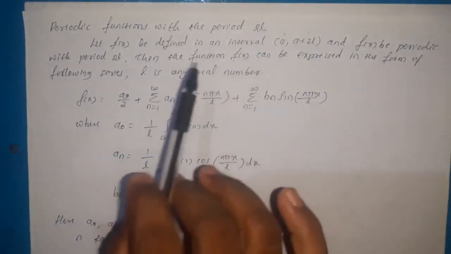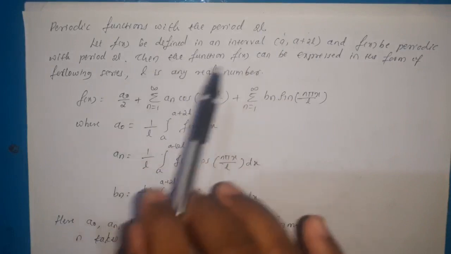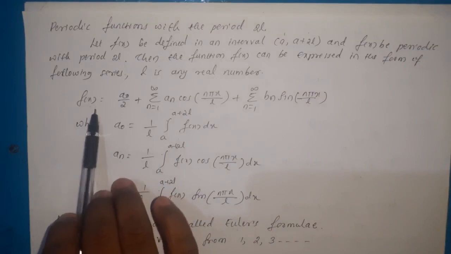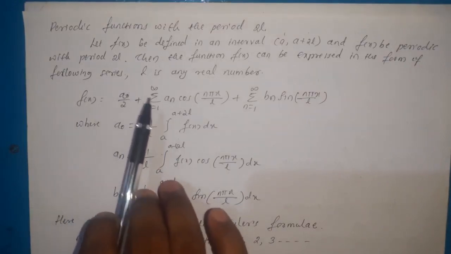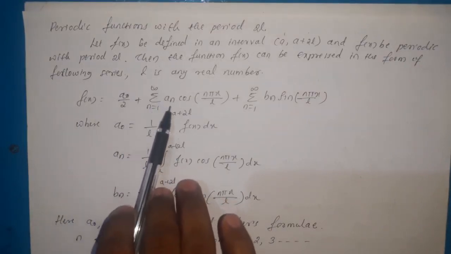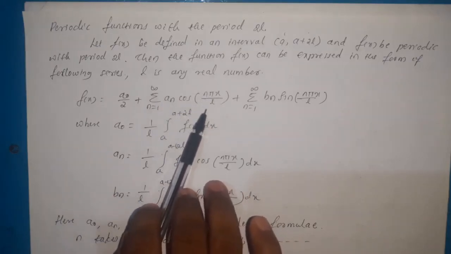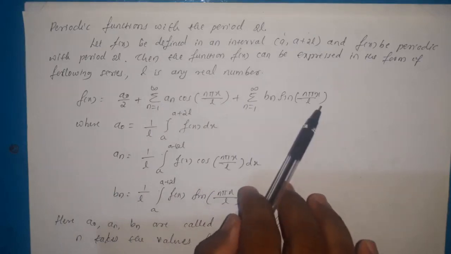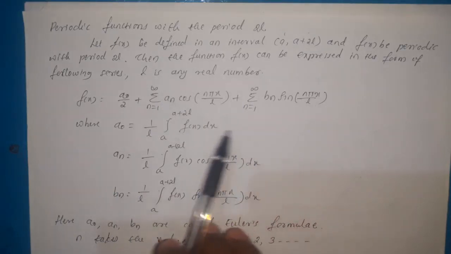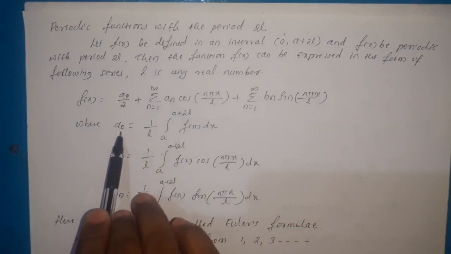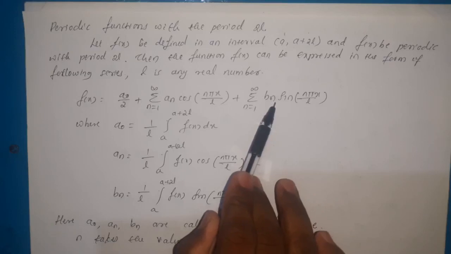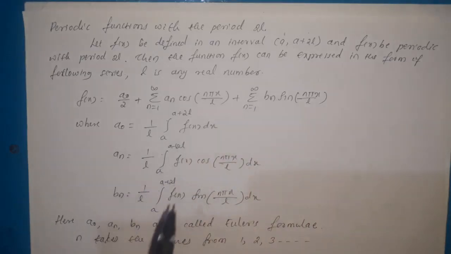If the function has the period 2L, then the Fourier series can be written as f of x equal to a naught by 2 plus summation over n equal to 1 to infinity a n cos n pi x divided by L plus summation over n equal to 1 to infinity b n sin n pi x divided by L, where a naught, a n and b n are all constants, and those constants are given by the following formulae.